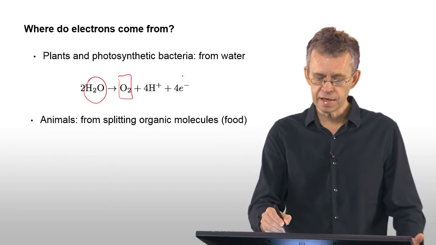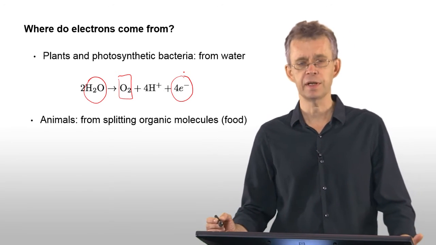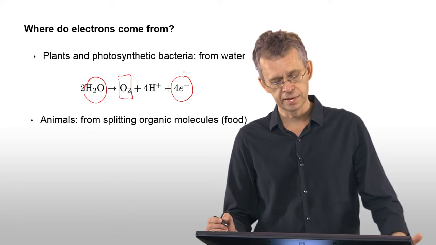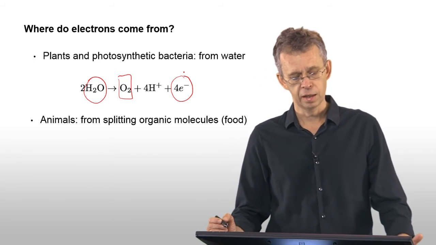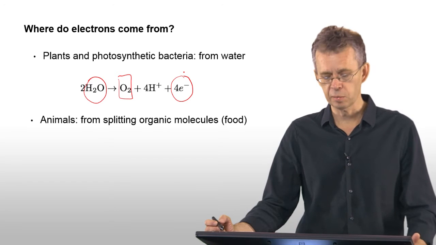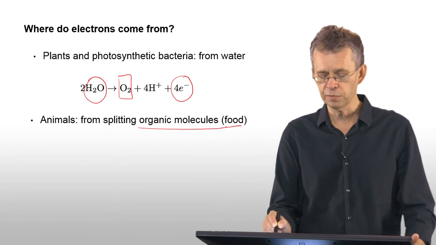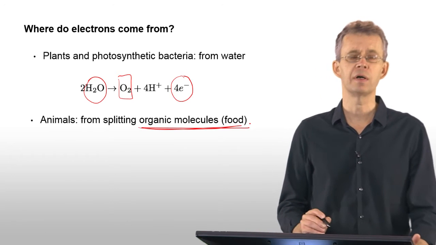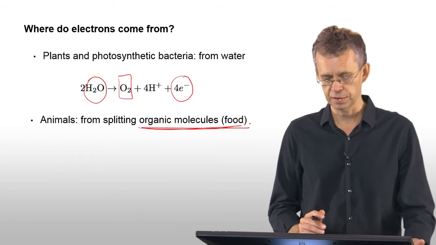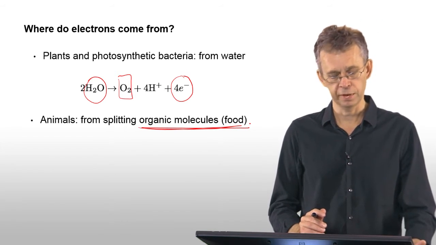And as a result, you get electrons from here, and then you can use these electrons to send them across the membrane. And of course, animals find electrons in a more straightforward way. They just use organic molecules from food to split them off and get the electrons for the energy.